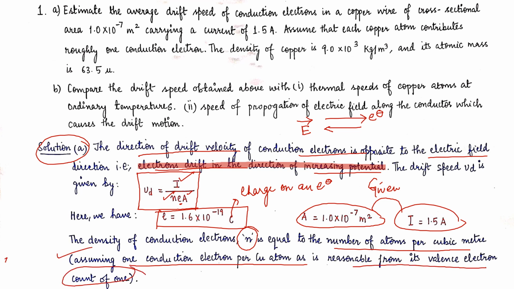This is even given in the question. They have said to assume this, and by copper's electronic configuration we can find the same. Copper can give us 1 electron per atom.